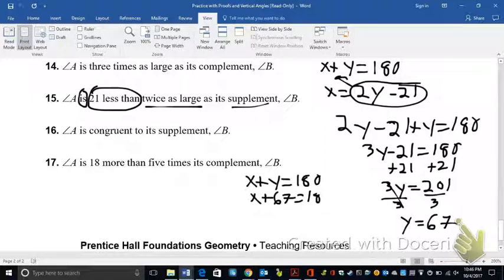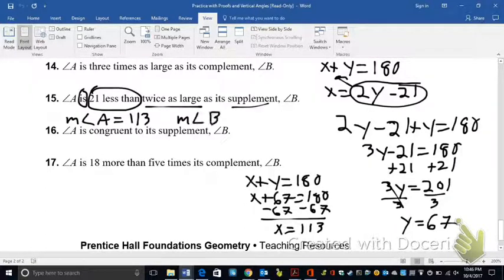So we get x plus 67 equals 180. And then we subtract 67 from both sides. That gives us x equals 113 degrees. So the measure of angle A, or x, equals 113 degrees, and the measure of angle B equals 67 degrees.